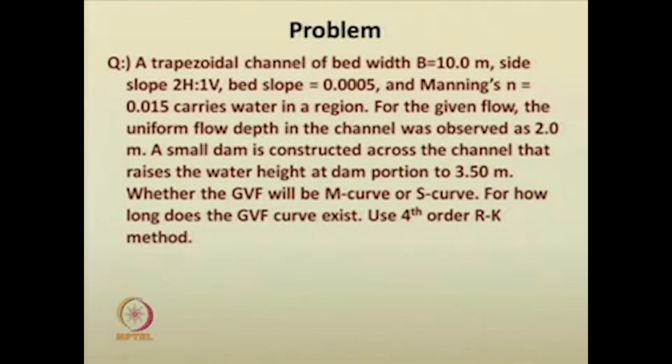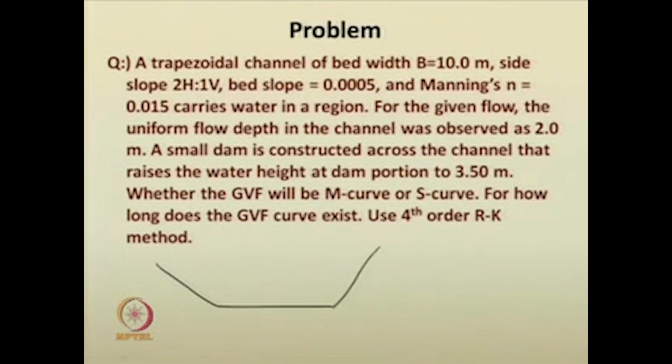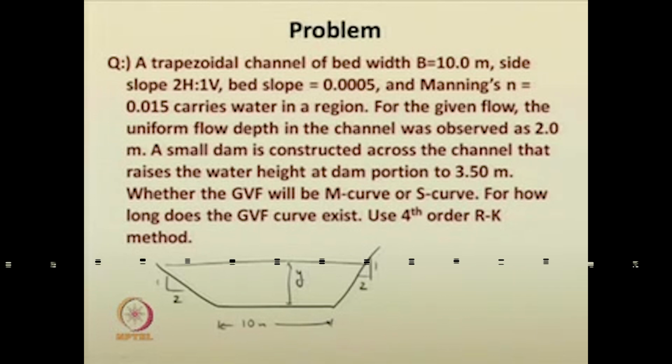It is a trapezoidal channel section, say 1:2 is the side slope. It has a bed width 10 meter. This is the depth of flow y. Okay. Its Manning's coefficient, everything is given to you.